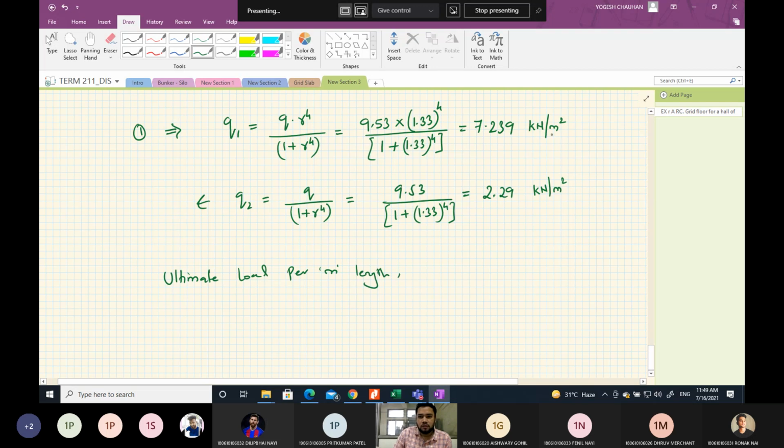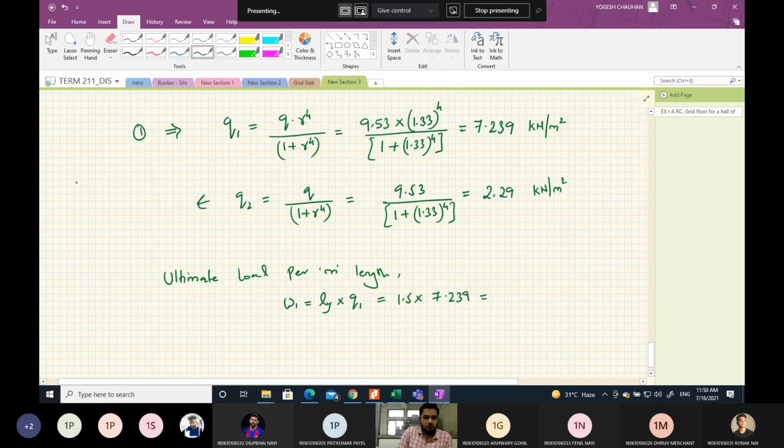This is in per square meter, so we convert this into per meter length. So let us call this as W1, which will be equal to, for x direction, Ly, the perpendicular or transverse dimension, multiplied by Q1. So that will be 1.5 by 7.239.